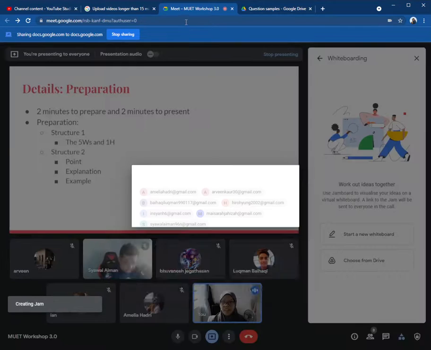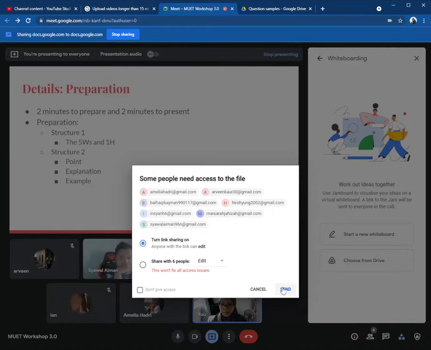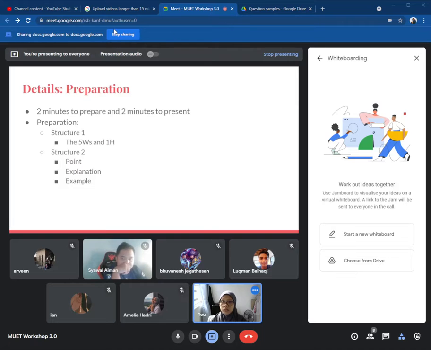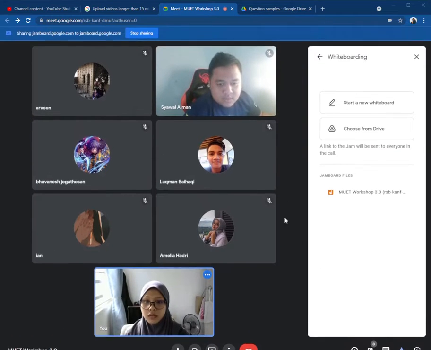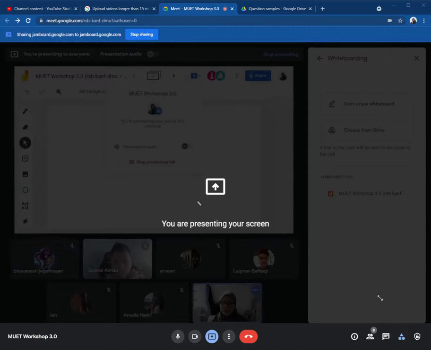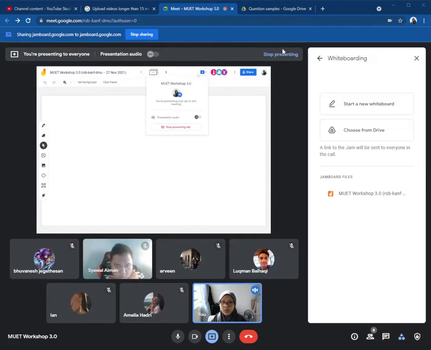I'm going to open a Jamboard first. Can you see the Jamboard? Nampak tak? Yes, Miss. So basically, if you want to use the first structure, it is going to look something like this.